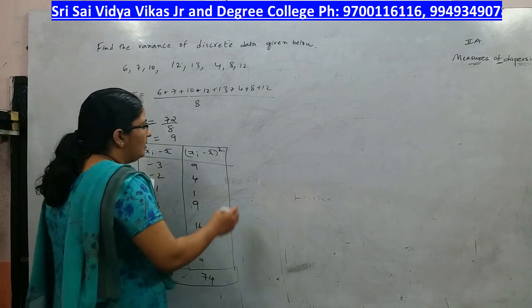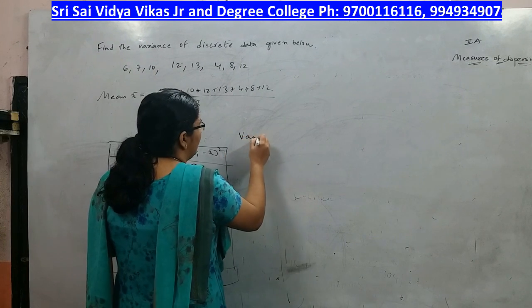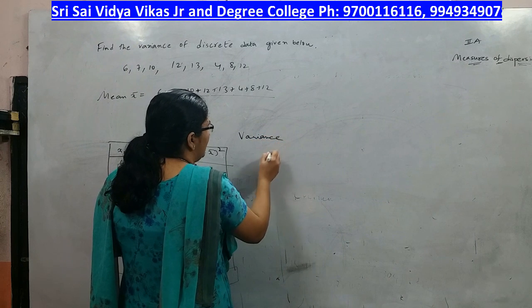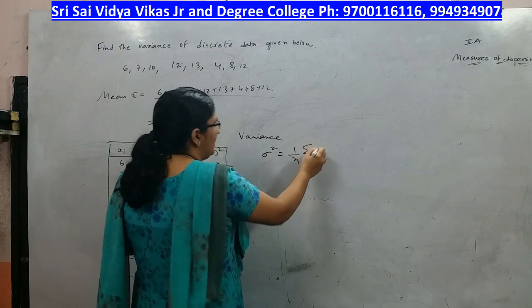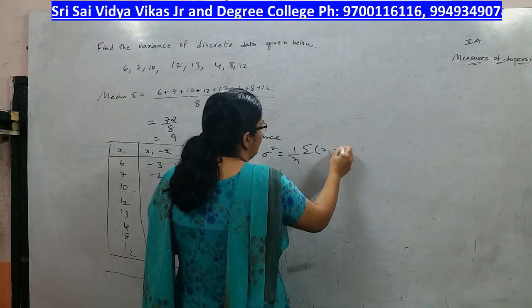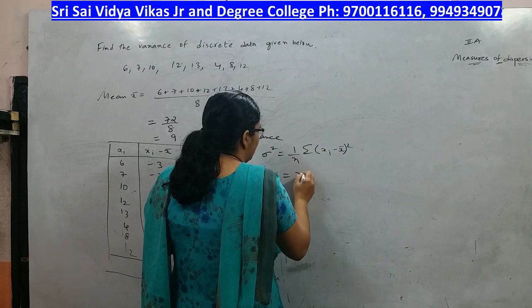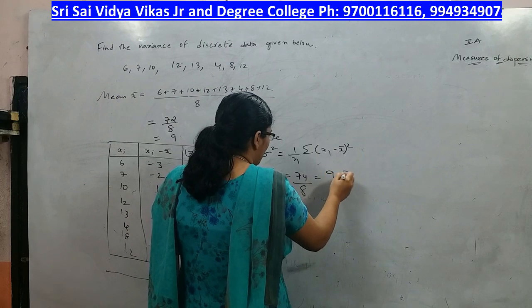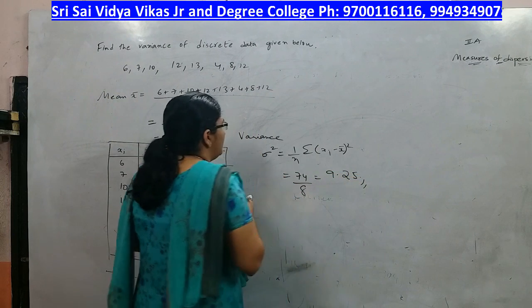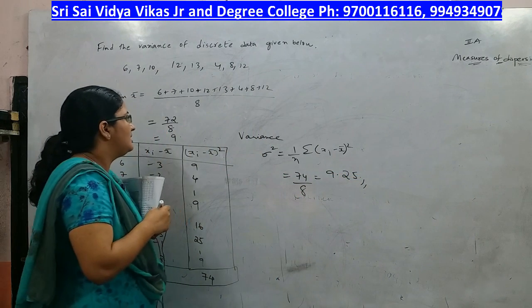Okay, now variance: sigma square is equal to 1 by n summation (xi minus x bar) whole square, that is 74 by 8, which is 9.25. This is how you calculate the variance.